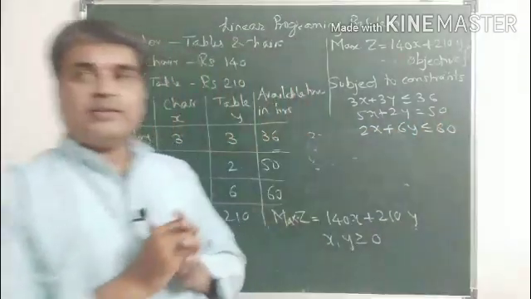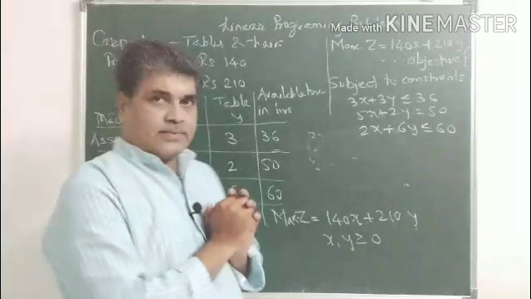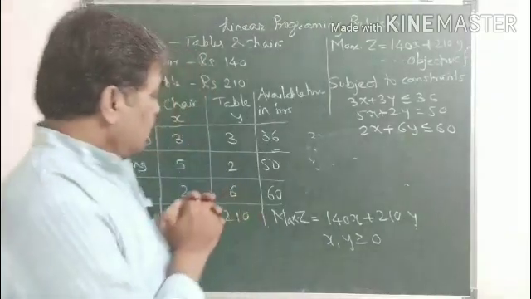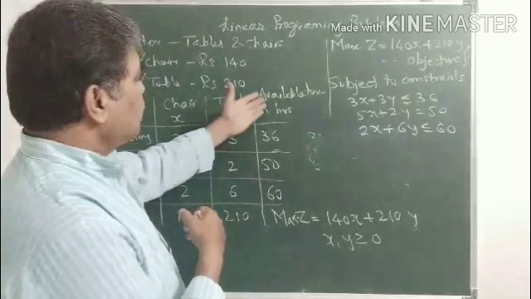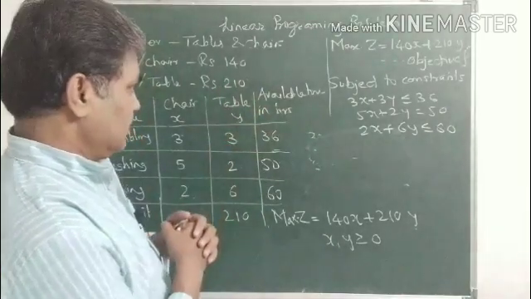These are known as subject to constraints. These inequalities we are getting due to the available times.